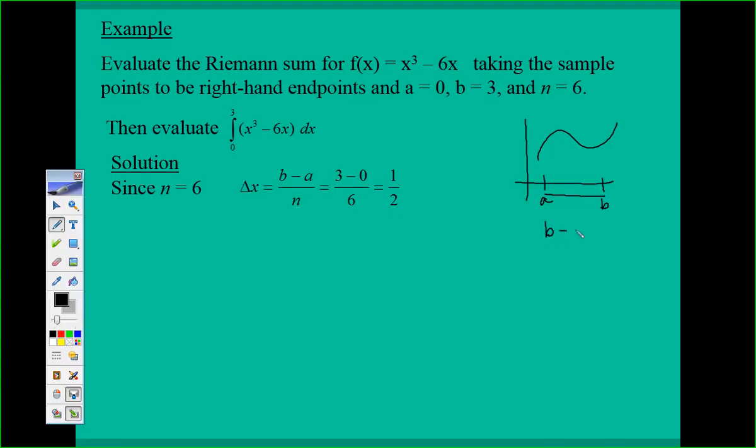The length of that interval is b minus a, divided by the number of rectangles. That's how we get our delta x. So in this case, b equals 3, a equals 0, so we'd have 3 minus 0, and we're going to divide it up into 6 equivalent rectangles. So each rectangle would have a width of 1/2.